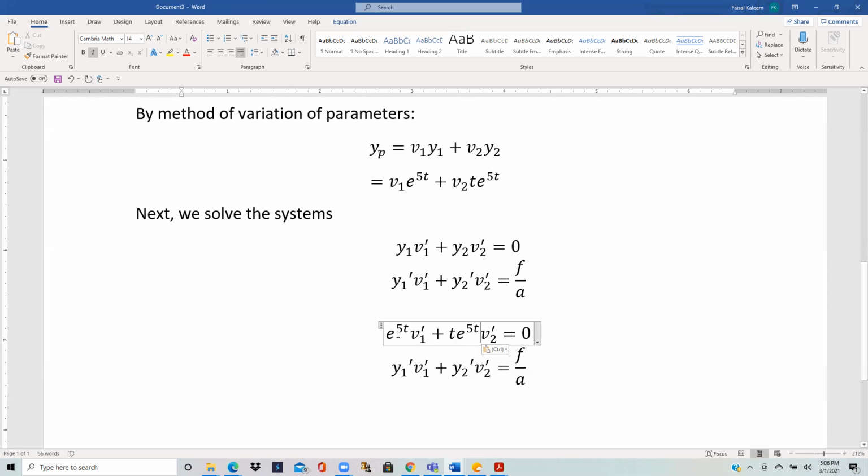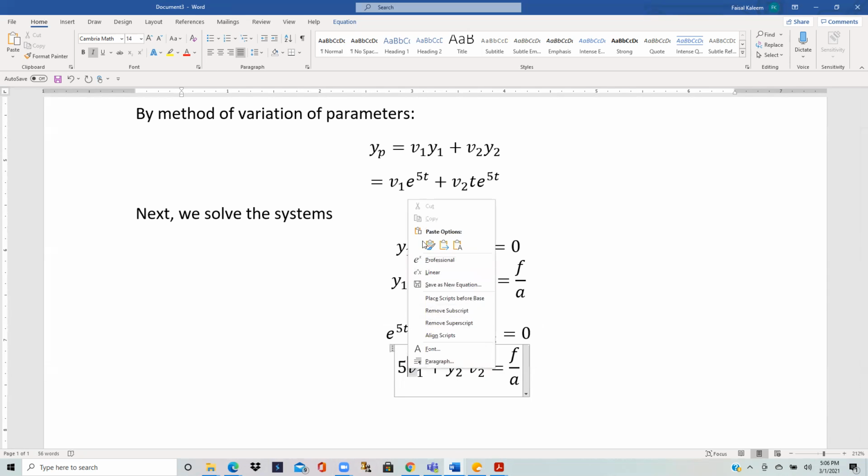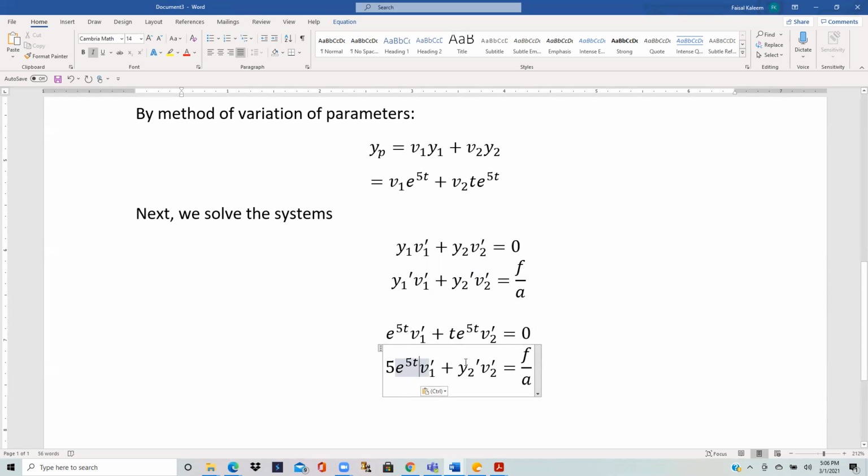Then y1 prime would be the derivative of e to the 5t, which is 5e to the 5t. And y2 prime would be the derivative of t e to the 5t. So here we use the product rule.